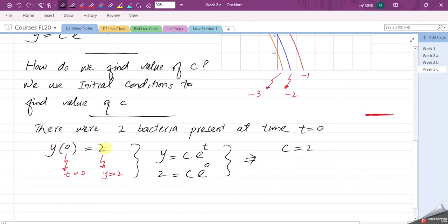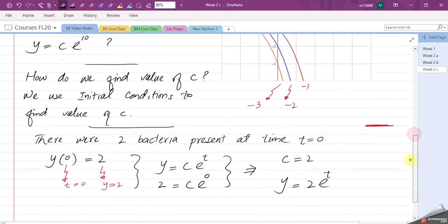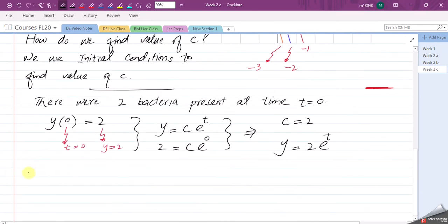So for this particular condition, our solution becomes y equals 2 e raised power t. Now we can answer the question which we were asked: how many bacteria are present at time t equals 10 minutes? So at t equals 10 minutes, y equals 2 e raised power 10. That's the number of bacteria present at time t equals 10 minutes.